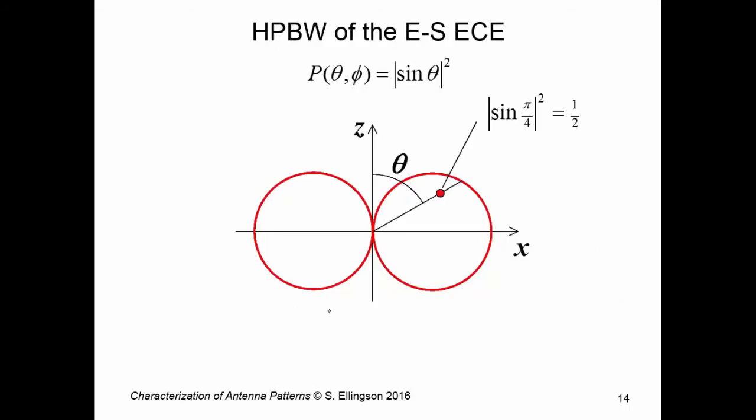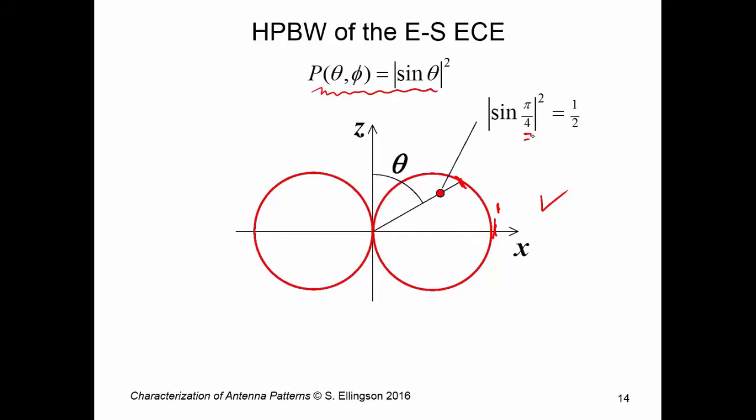Here is a half-power beam width of the electrically short electric current element, just to provide an opportunity to come up with a number. Remember, the normalized power pattern for the electrically short electric current element is the magnitude of sine theta squared. Here it's drawn out. The point at which the normalized power pattern is reduced from 1, which is what it is here, to 1/2 occurs when theta is equal to pi over 4.